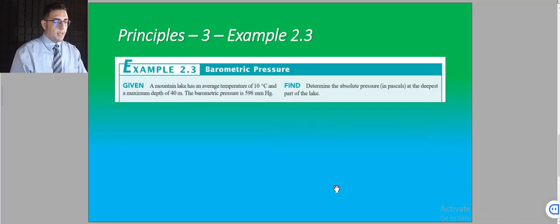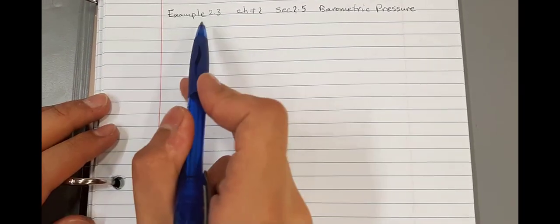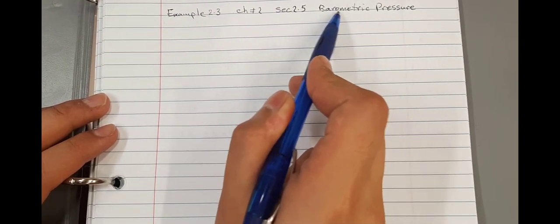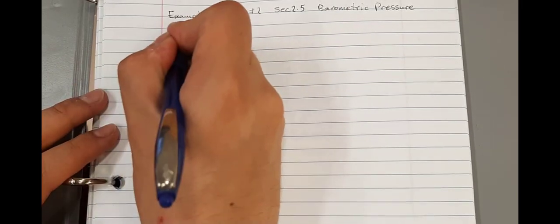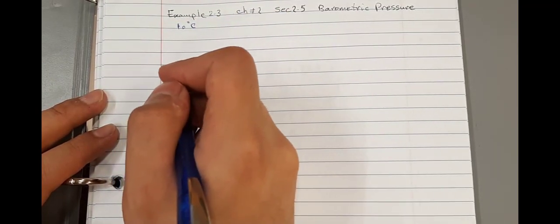So let me illustrate an example to verify the barometer calculation. Follow me with example 2.3. Welcome guys to solving example 2.3 from chapter 2, section 2.5, which is about barometric pressure. The question is: a mountain lake has an average temperature of 10 degrees centigrade and a maximum depth of 40 meters.